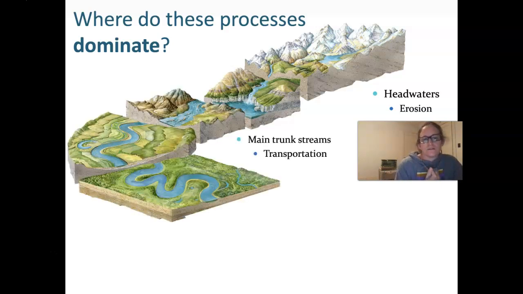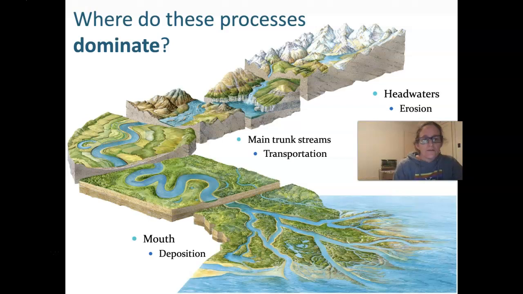Down in the trunk of the stream, the main trunk stream, transportation is going to dominate that system, and then at the mouth of the stream is going to be deposition. So I'm going to go through each of these parts, the headwaters and the erosion, the main trunk streams and transportation, and then we'll end way down the line at deposition at the mouth of the stream.